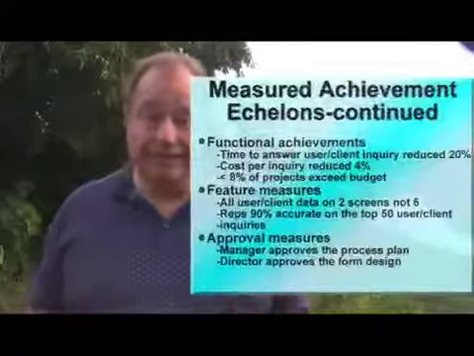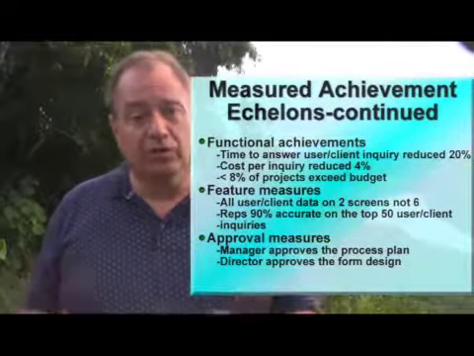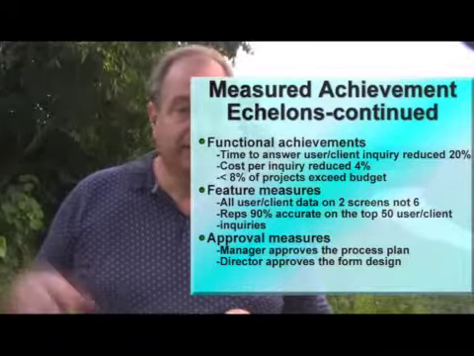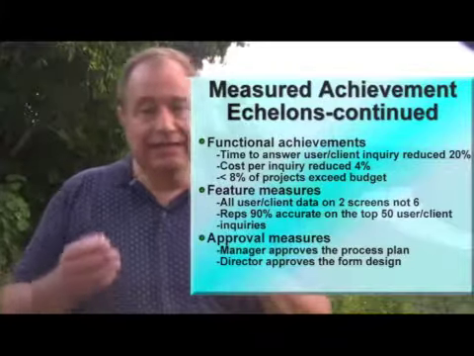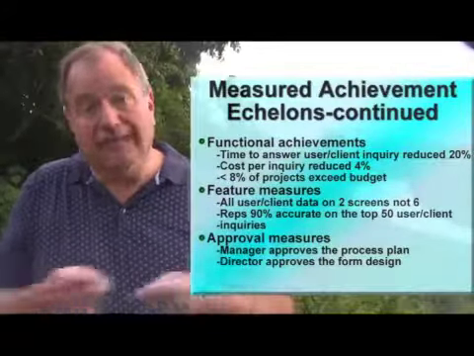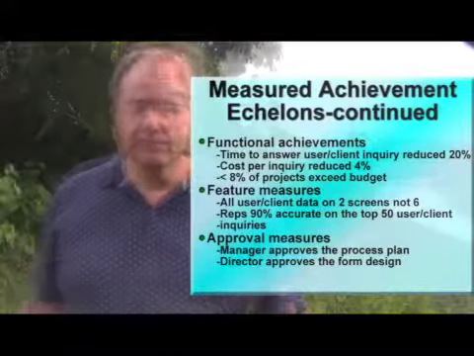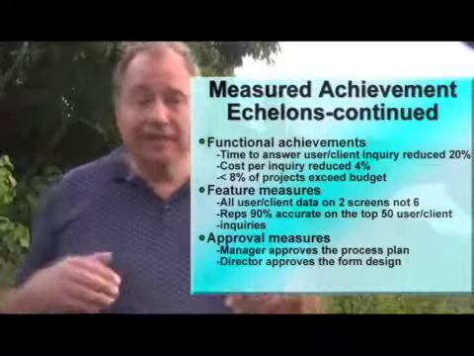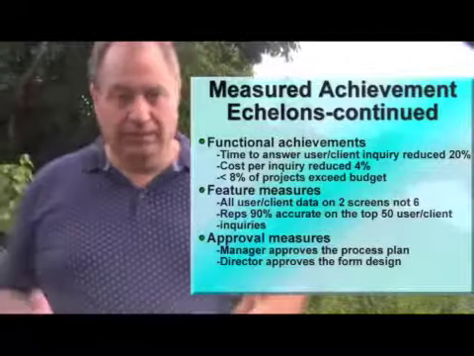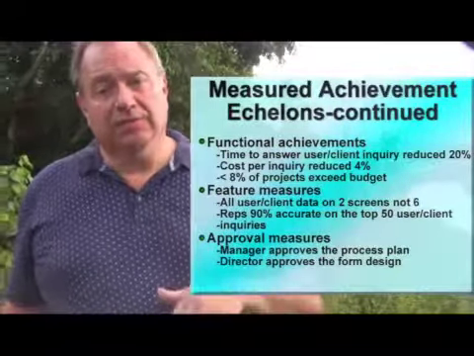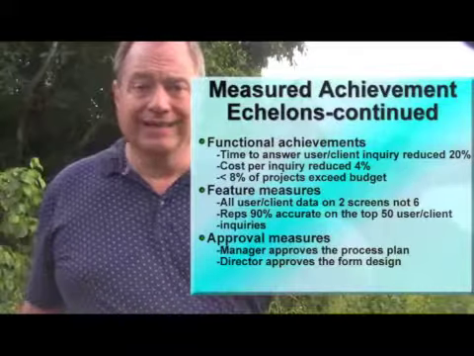Next level down is functional achievement, and that might be something like we reduce our cost per customer inquiry from $4.27 to $3.19. That's measured within a functional area. That's a functional echelon achievement. Next level down is the feature echelon, and that might be 6 months of customer history on one data screen.